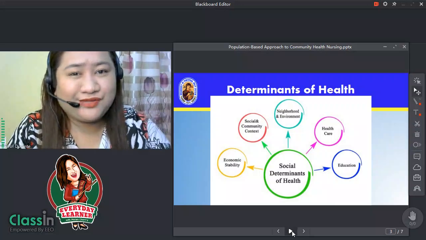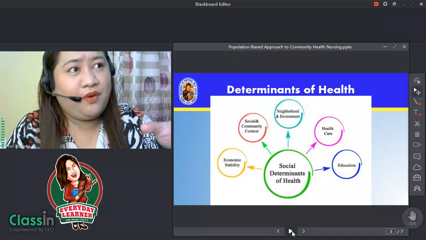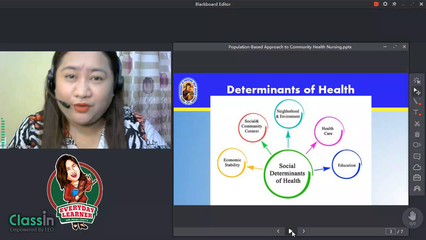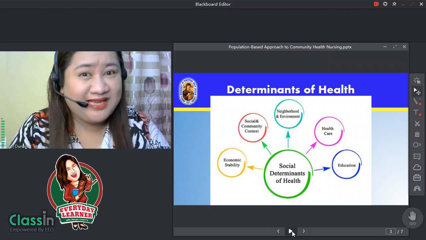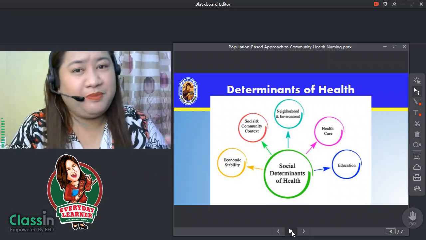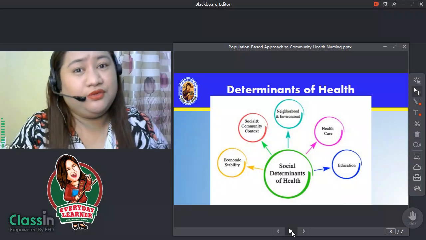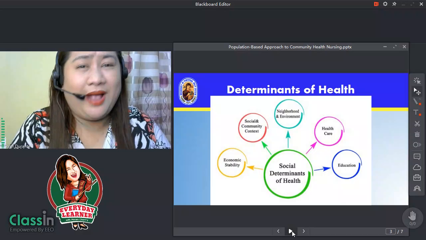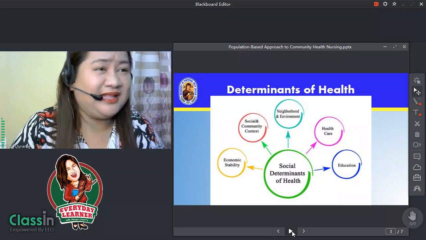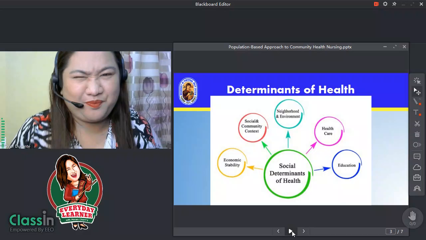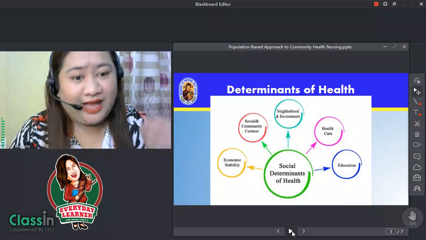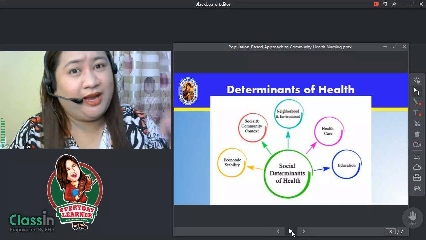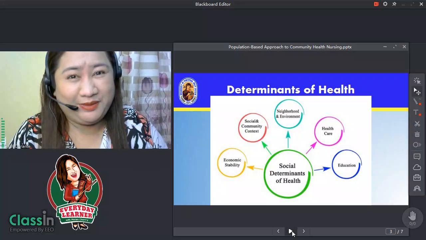That is the reason why your economic stability somehow affects your health. There is obviously an increased risk for those people who are not able to do social distancing. Let's say, for example, 12 people living in a small house. How will you practice social distancing then? That will be very difficult, and that will affect your health. So that's the reason why economic stability is a determinant of health.